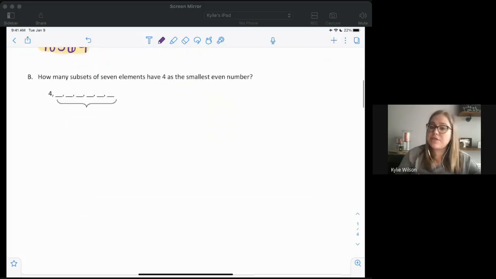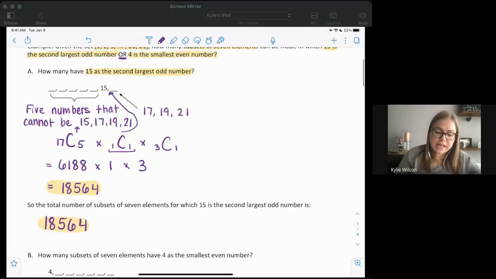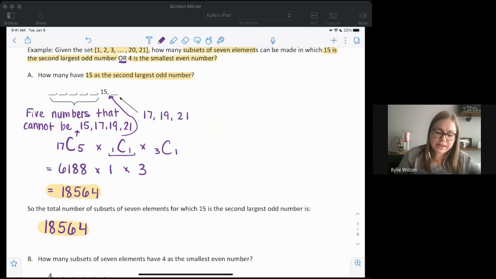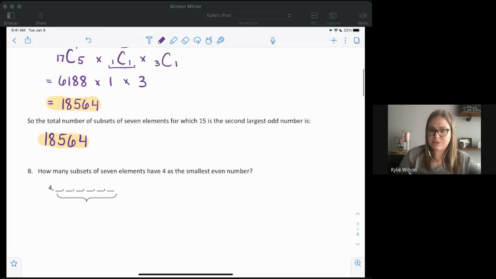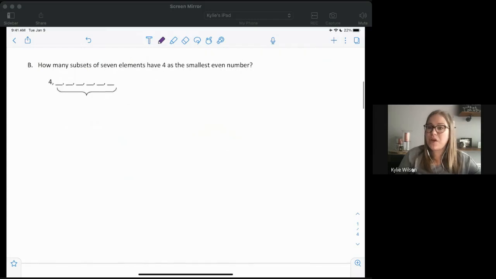So that's the first part. Remember that the question says second largest odd number or 4 is the smallest even number. So that means we have to look at both options. So now let's look at 4 being the smallest even number. Again, we have written out 7 spaces.